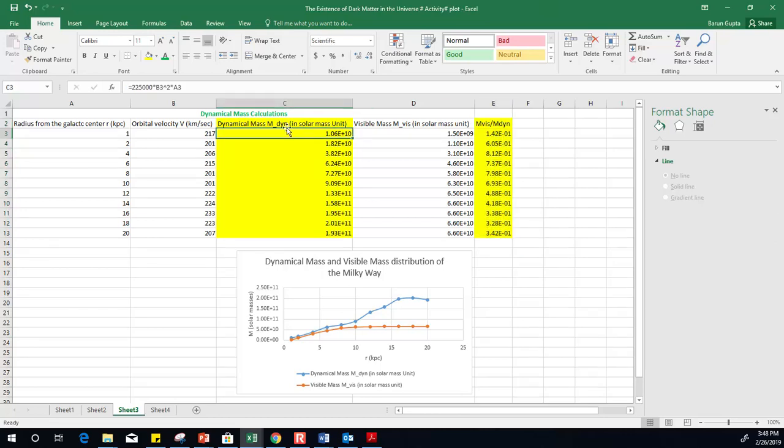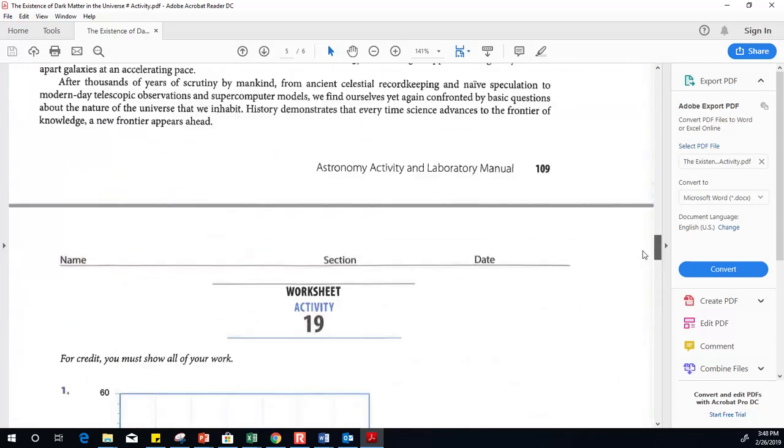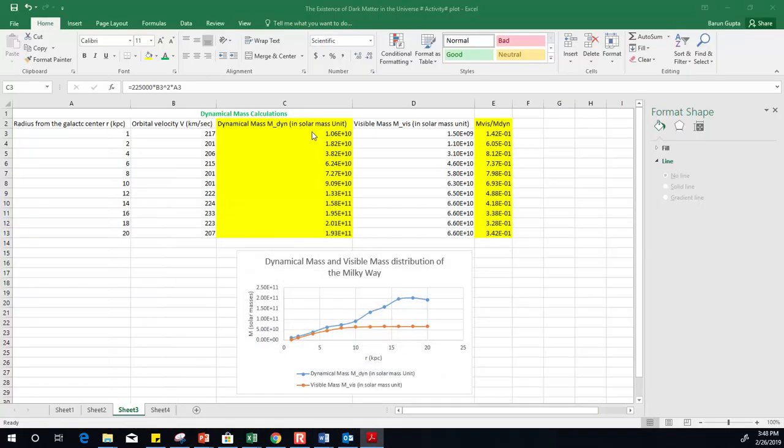Go to this line and look at the formula here. How do you calculate the dynamical mass? It says 225,000 times v squared times r. So you place in 225,000 times v squared, the velocity squared.